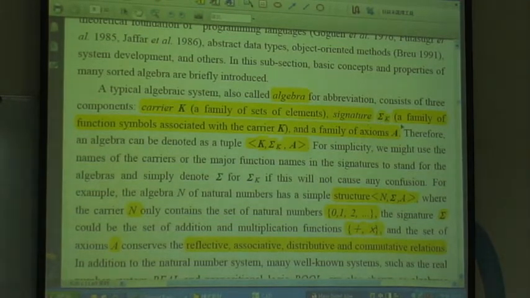K is this K. It means, okay, it's a family of functions, okay, associated with the K. So these functions is a family or a set of functions. The set of functions is associated with K. Okay, we call it signature or sigma. And A is axioms, a set of axioms, constraints or conditions.